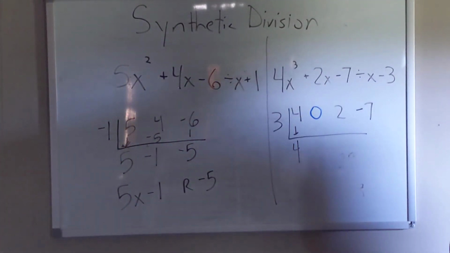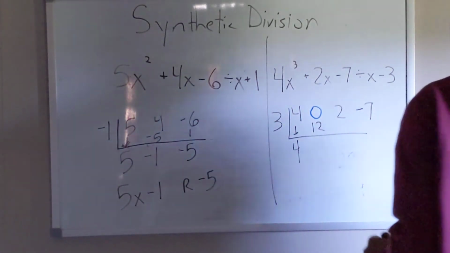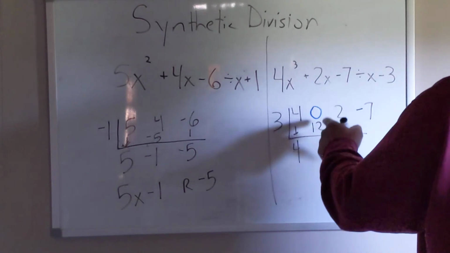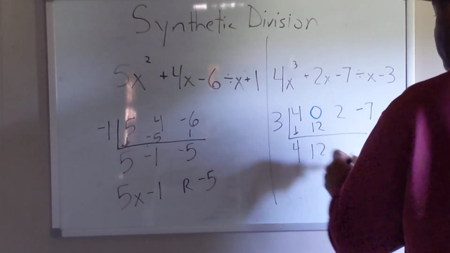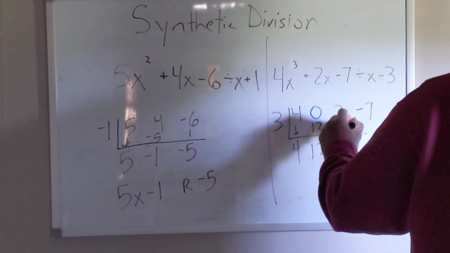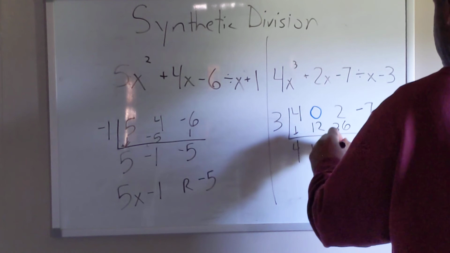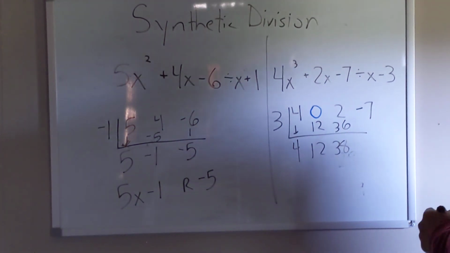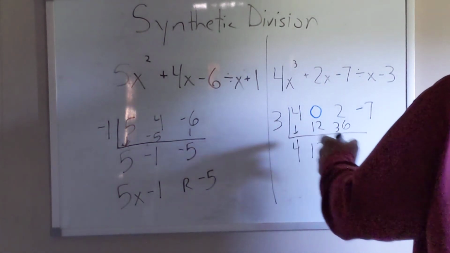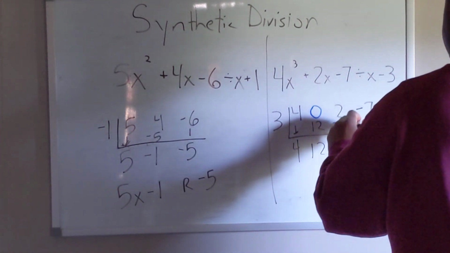And once again, multiply and add. 3 times 4 is 12. 0 plus 12 is 12. 3 times 12, 36. 2 plus 36, 38. 3 times 38, that would be what, 114?